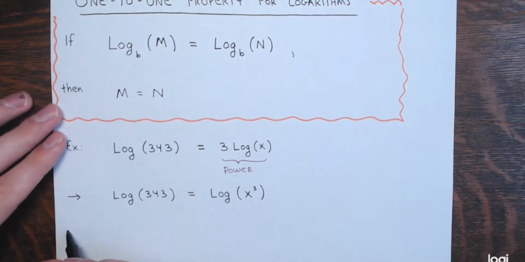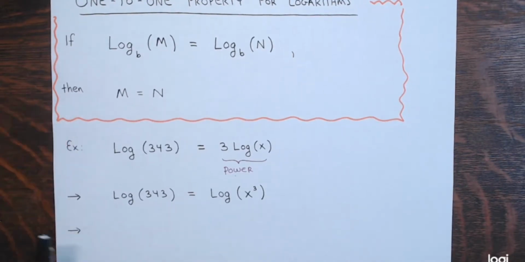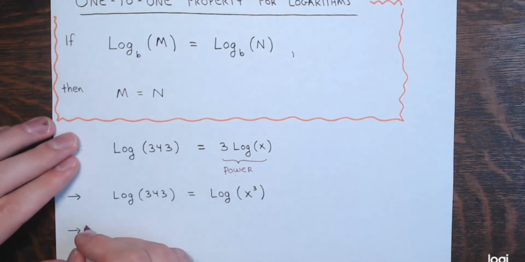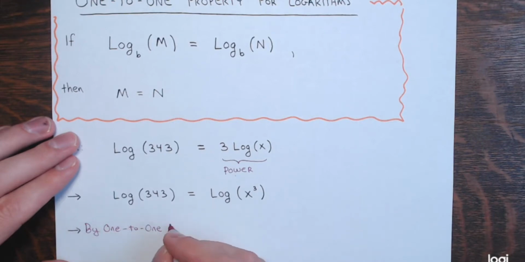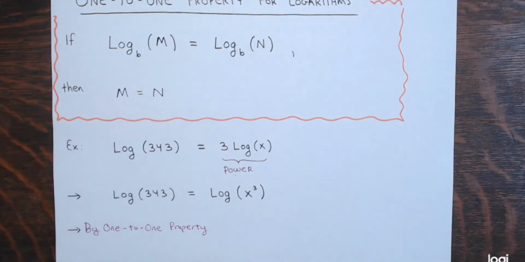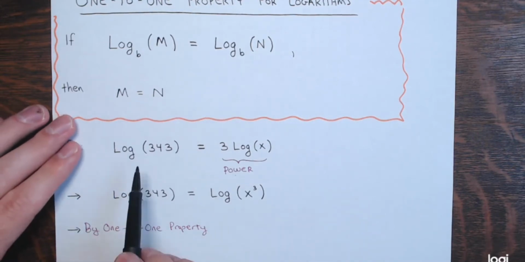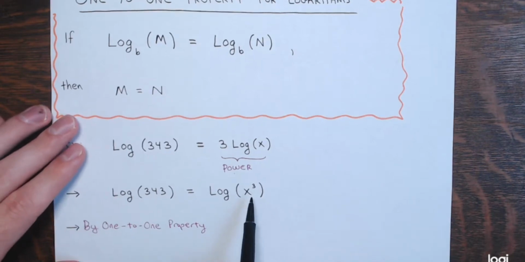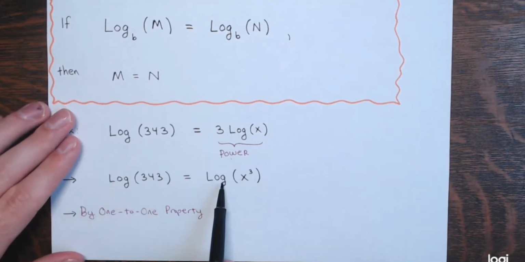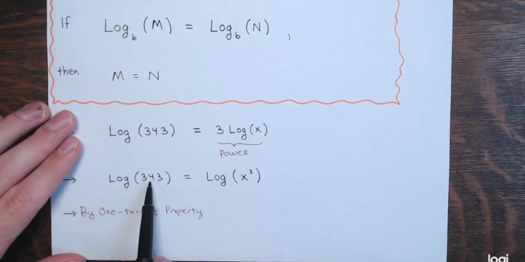So now I'm going to apply the one-to-one property. By the one-to-one property for logarithms, their arguments must be the same. The only way two logarithms of the same base are equal is if their arguments are equal.